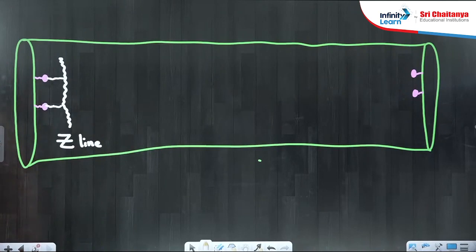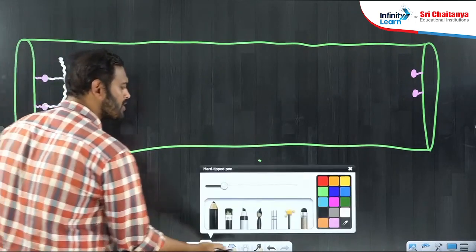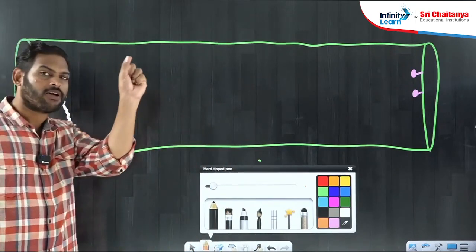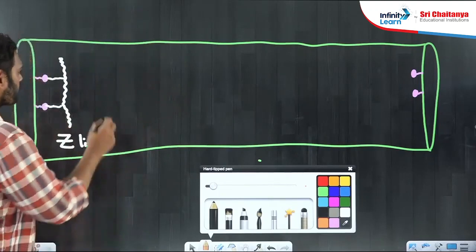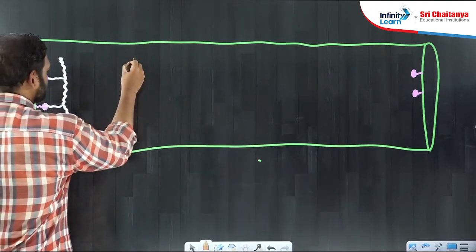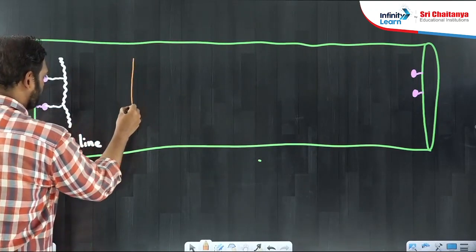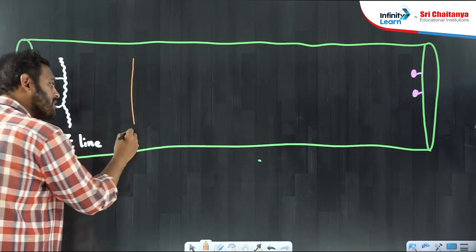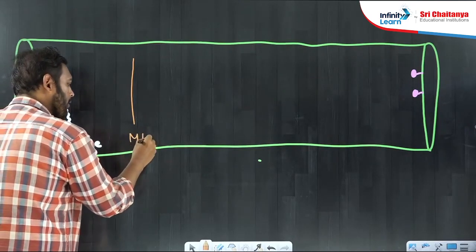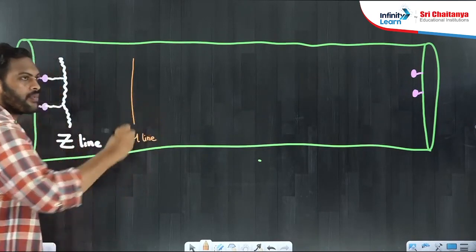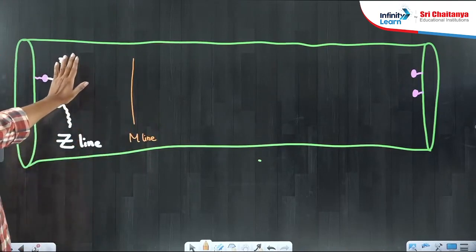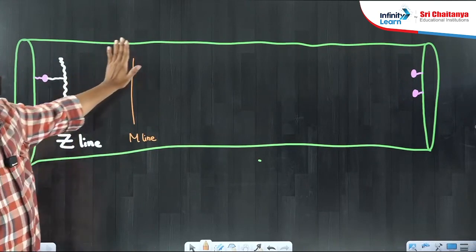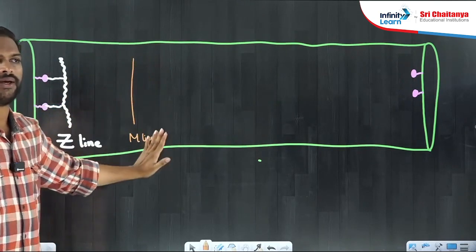Okay, and adjacent to the Z line you can see a fibrous proteinaceous structure like this. This fibrous structure is referred to as the M line. Guys, the elastic structure was the Z line, the fibrous structure was the M line.